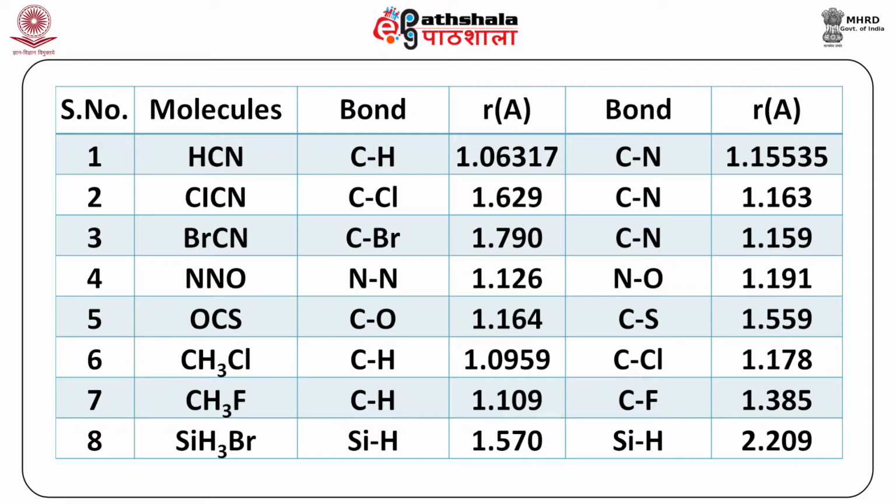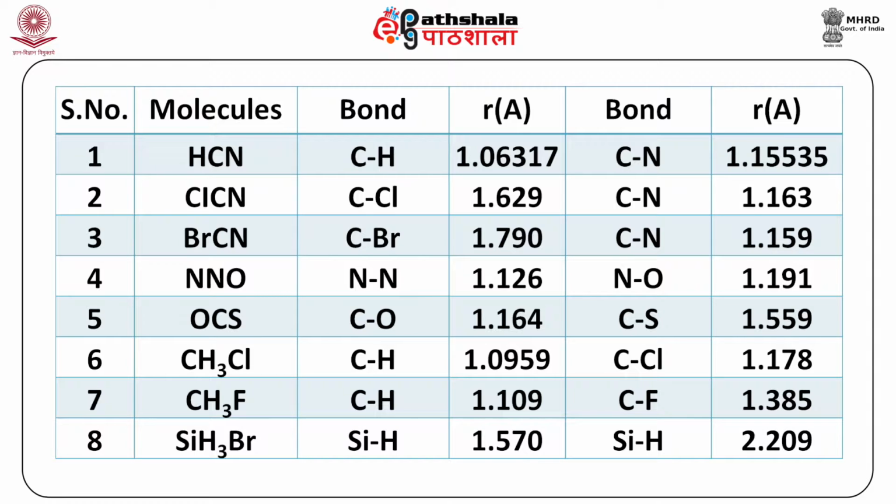In molecules like HCN, the bond between C and H shows the frequency of 1.06317 and the bond of CN shows a frequency of 1.15535.